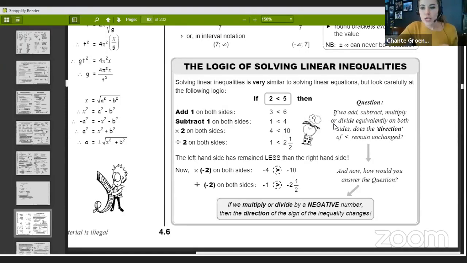Yes, okay. So I have here a question, we need to quickly revise our linear equations again. Perfect.